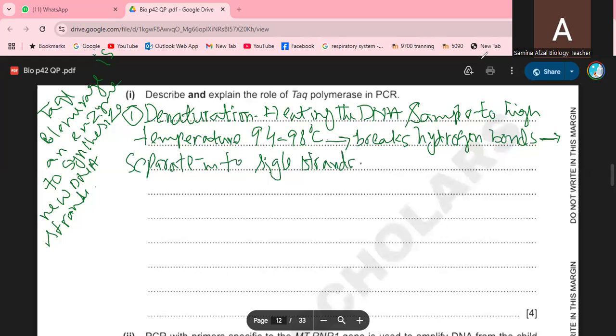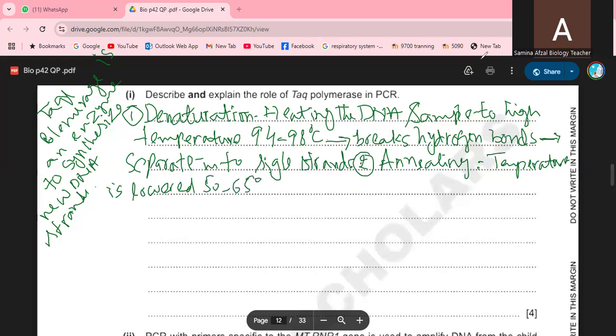And then after this, the second step is annealing. In annealing the temperature is lowered, to 50 to 65 degrees centigrade.